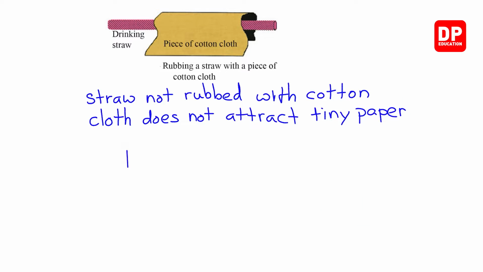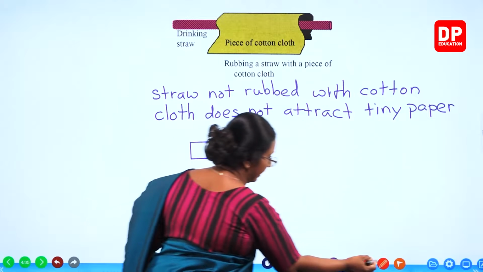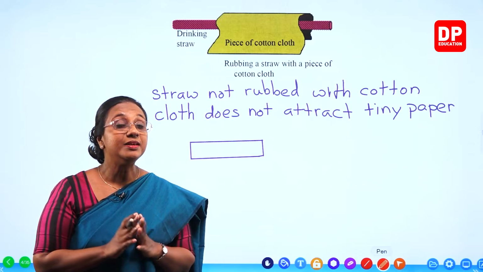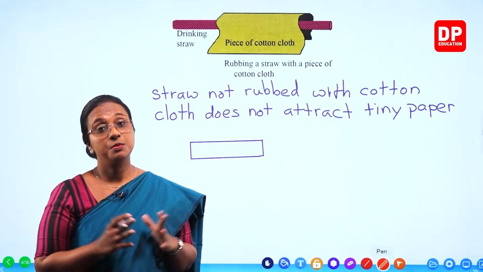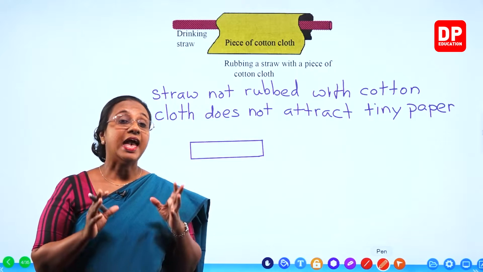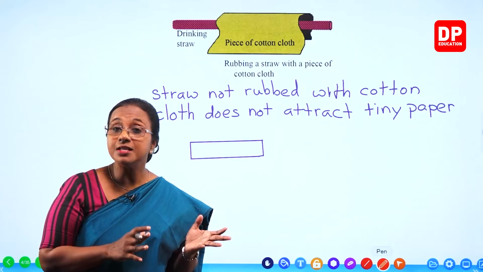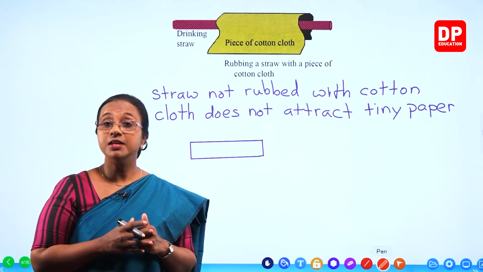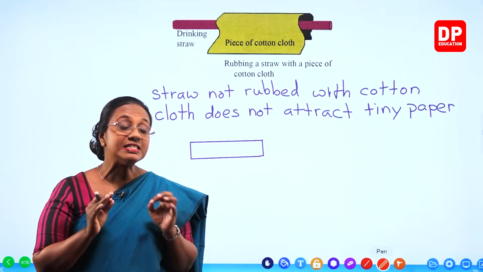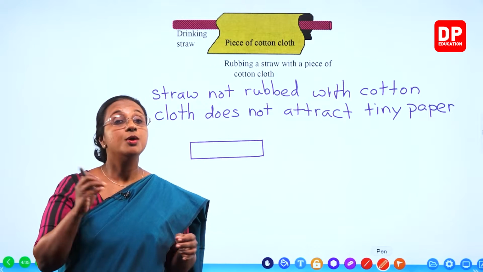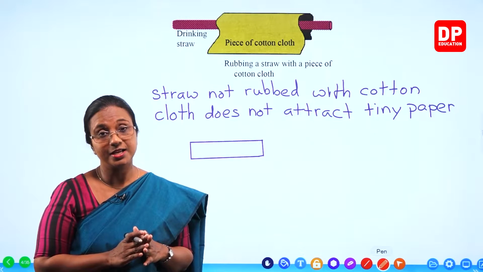Now, if you take a straw or any matter, they are all made up of atoms. You are familiar with the concept of atoms. What are atoms? The building units of matter. And you all know in atoms there are charged particles, subatomic particles: electrons, protons and neutrons. The electrons are negatively charged, protons are positively charged.